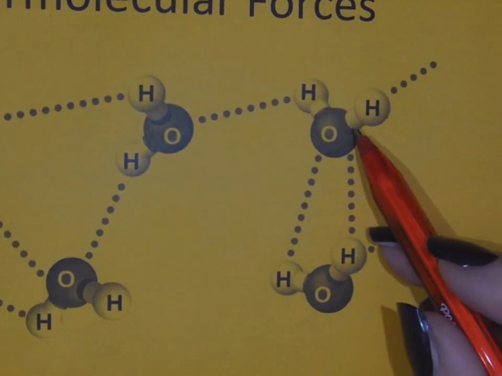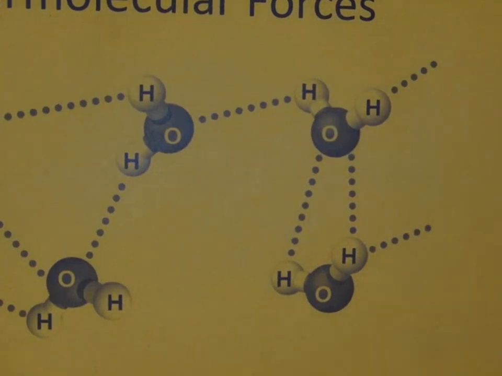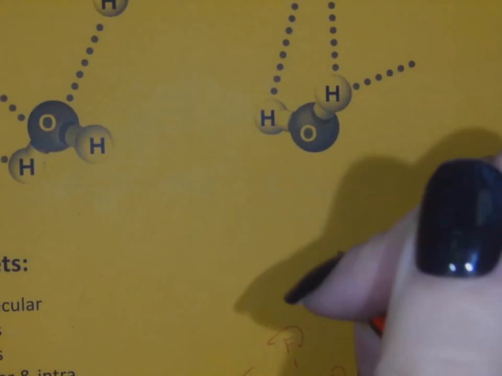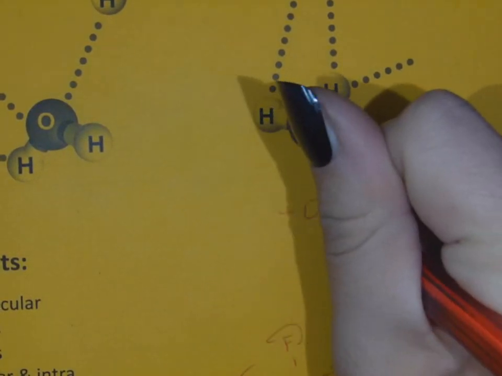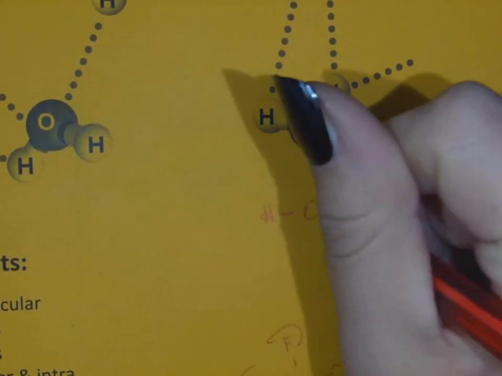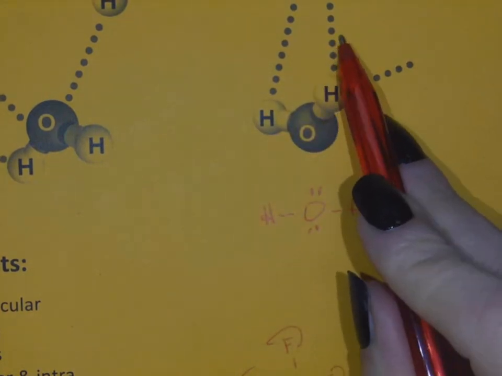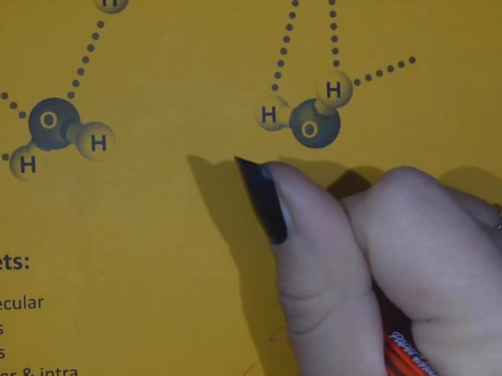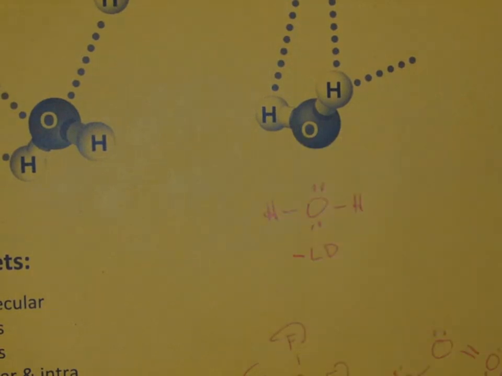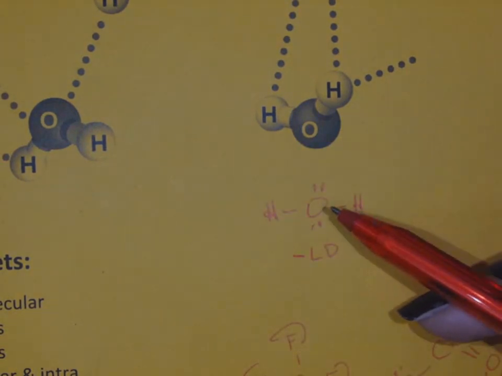So when I look at a water molecule, and let's draw the Lewis dot structure just so you can see it really quick. We know that of the IMFs that occur between these water molecules, it will have London dispersion because all molecules experience London dispersion. There's asymmetry.